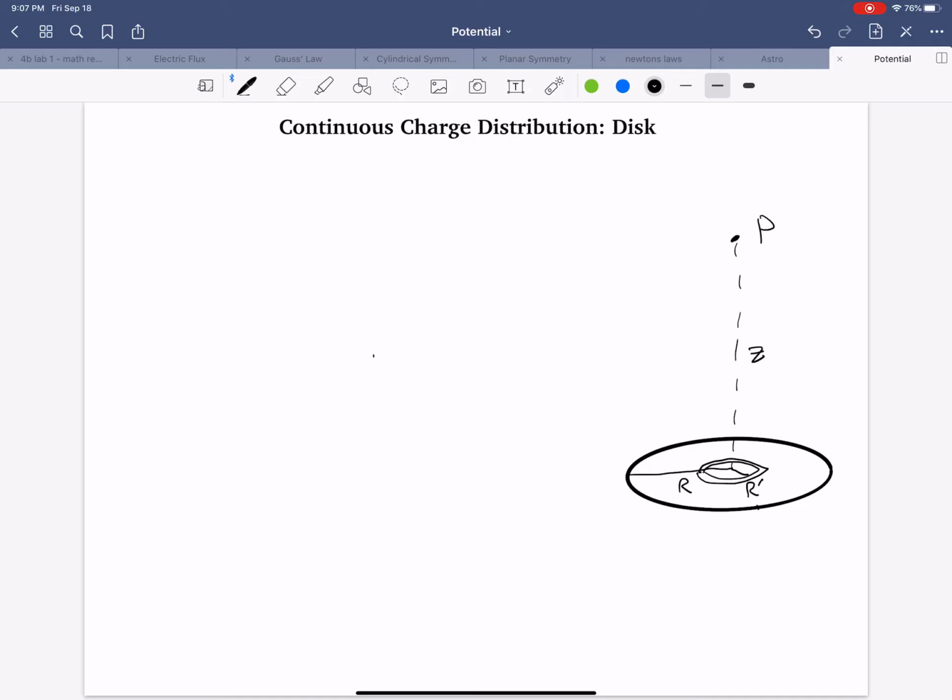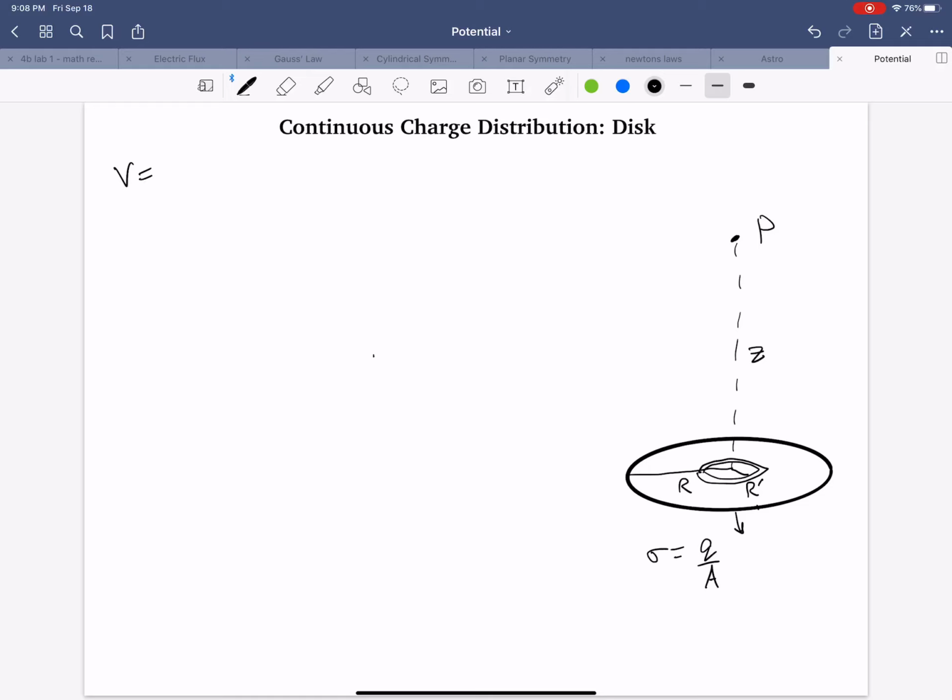That will add up from 0 to capital R, the radius of our actual disk. This disk is of uniform charge density, which is sigma, charge per area. Keep that in mind for one second.